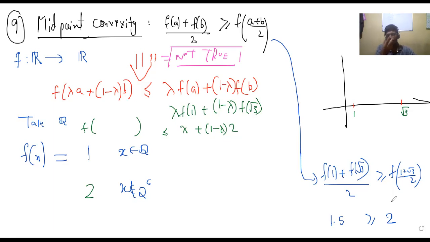But then when the sum of two irrationals becomes rational, then there is a problem.